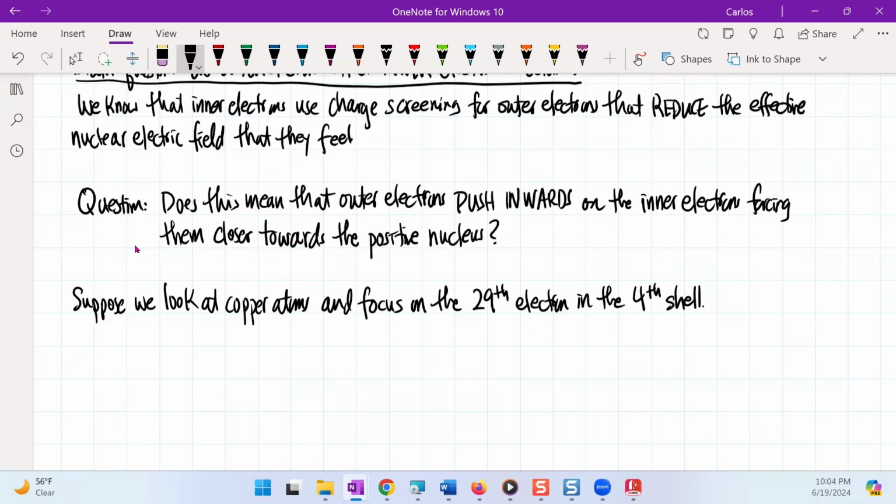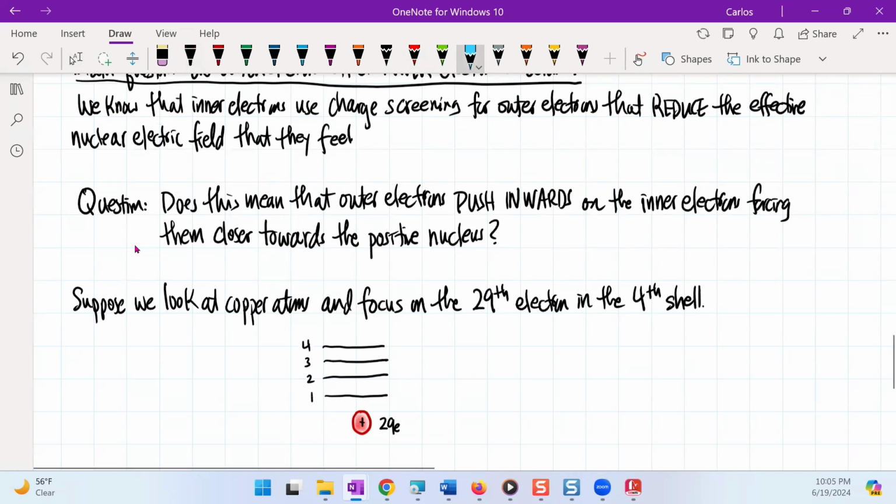So if I look at my picture of the copper atom, what I'm seeing here is that I really have a positive nucleus. And of course, we know that the positive nucleus here has 29 positive charges due to the protons. So now if I look at these shells, I have 1, 2, 3, 4.